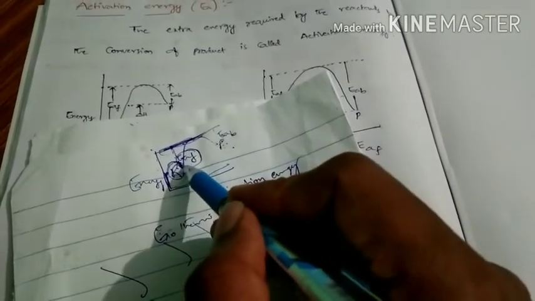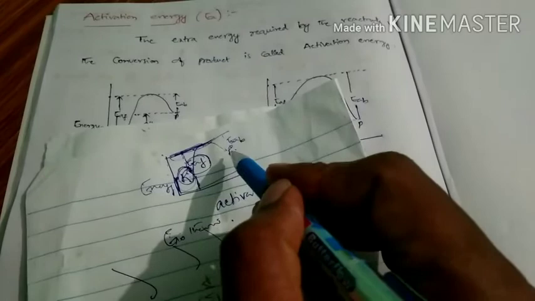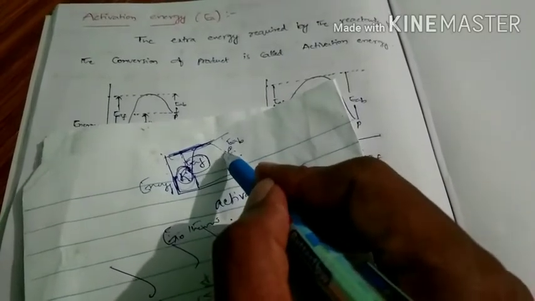So when we draw the graph, if you see this one, from here to here is the energy of reactants. From here to here, this is the energy of products.